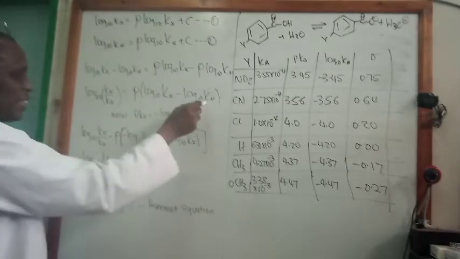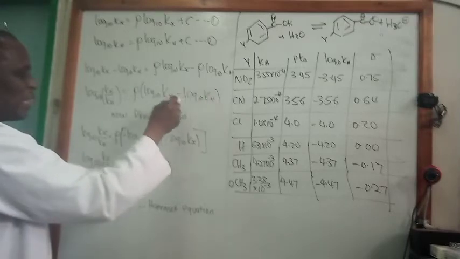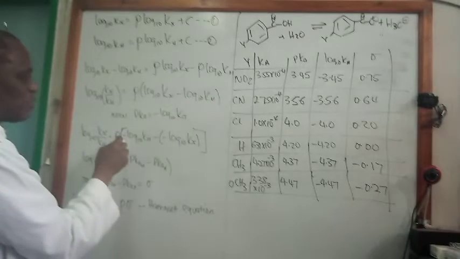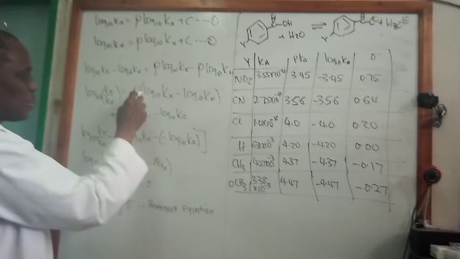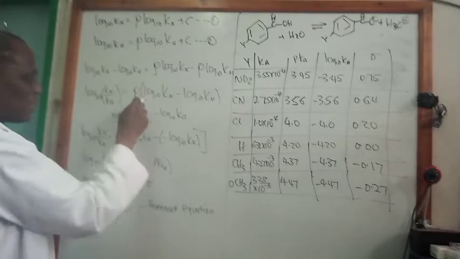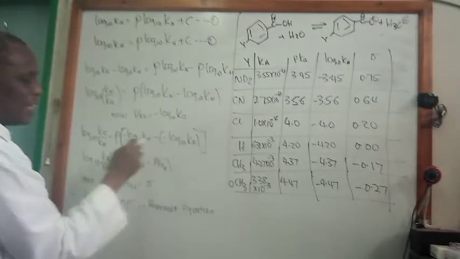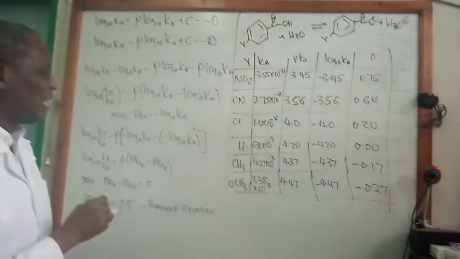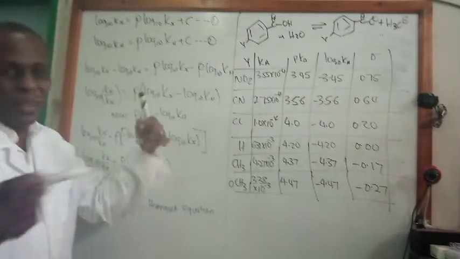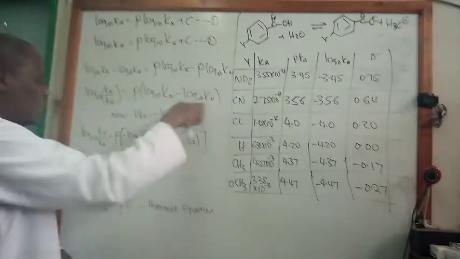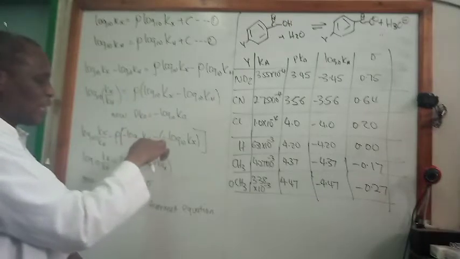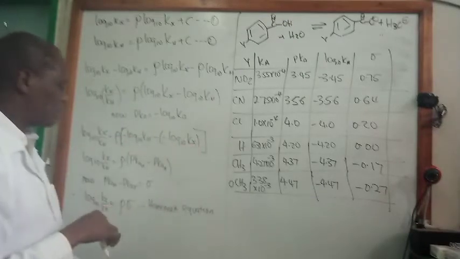You're going to see that this minus log base 10 of kh, I'm going to put it here, and this plus is the same as minus minus, yeah? So that I'm going to have everything in terms of minus log base 10 of something. So there will be minus log base 10 of kh minus log base 10 of kh.